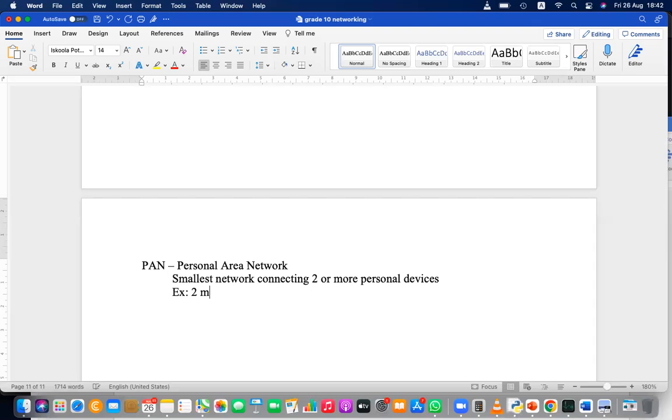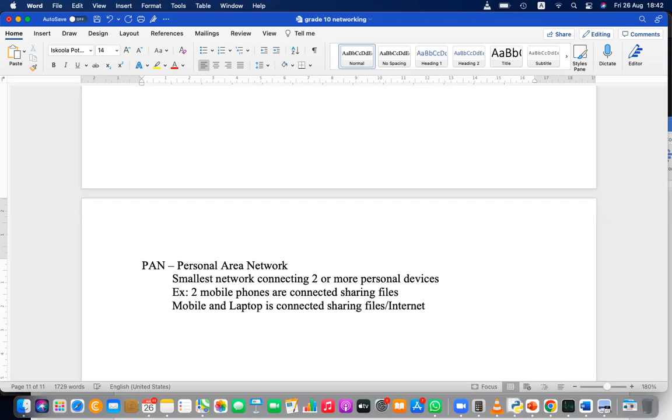Example, two mobile phones connected for sharing files, or a mobile phone and laptop connected for sharing files or internet.